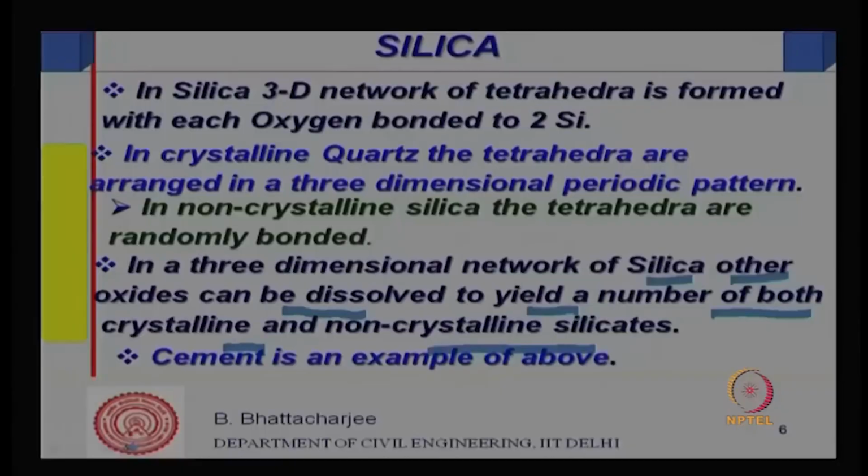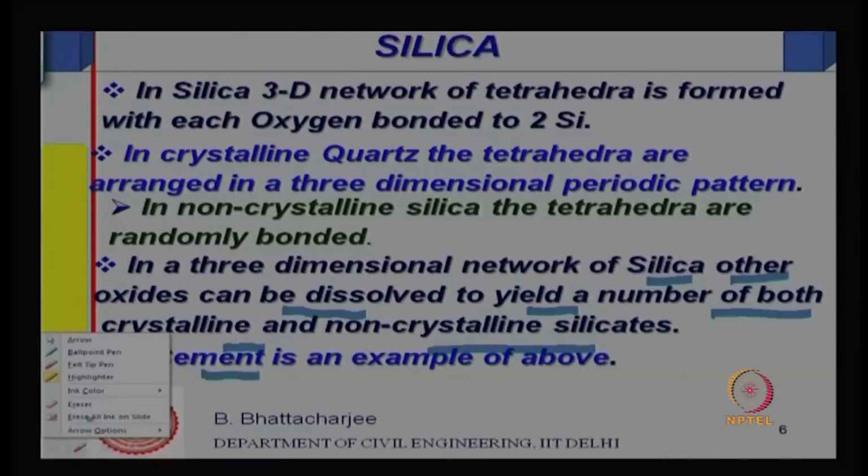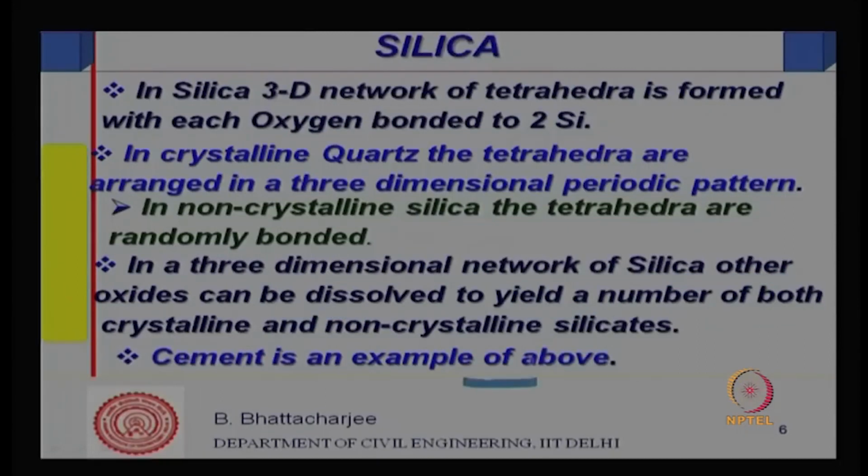So, in your SiO4 3-dimensional network, other oxides can get dissolved, right, and they can combine, and therefore, you can get both crystalline as well as non-crystalline materials as products. So, various kind of silicates you get. Now, cement is one such example. Cement is example of such silica combining with other oxides.